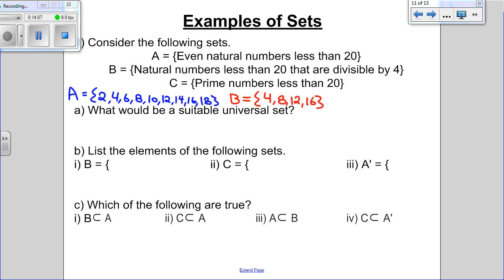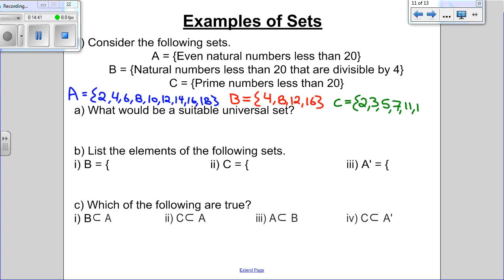Group C is prime numbers less than 20. A reminder of prime numbers. Prime numbers are numbers that can only be divided by 2 things, and those 2 things have to be the number 1 and itself. So, for example, the number 2 can only be divided by the number 1 and the number 2. 3 is also prime. 5 is prime, 7 is prime, 11, 13, and 17.